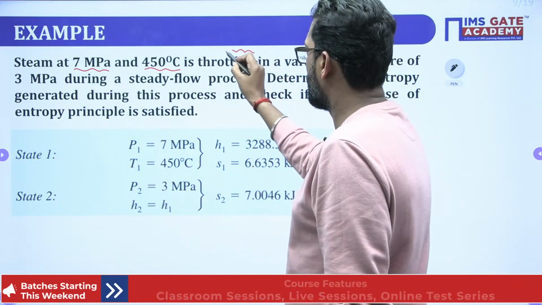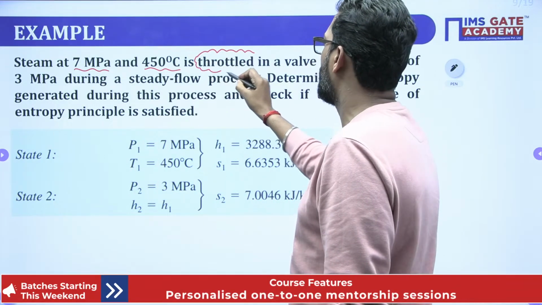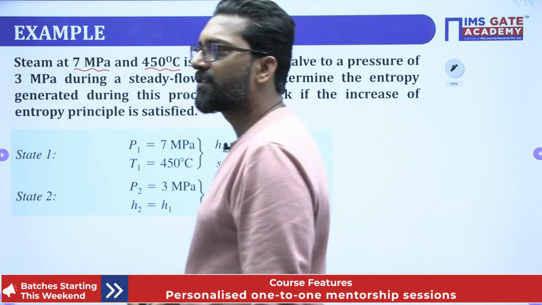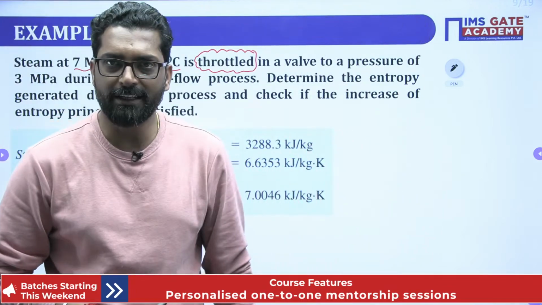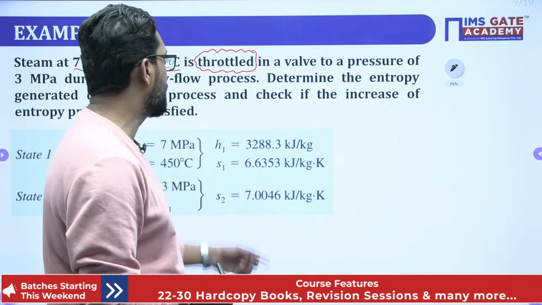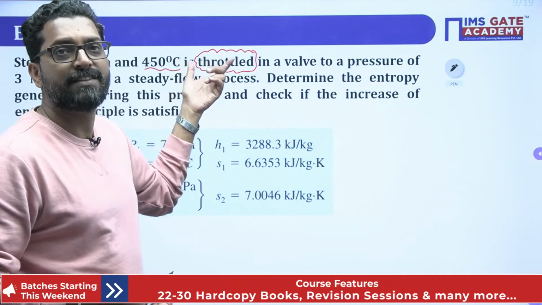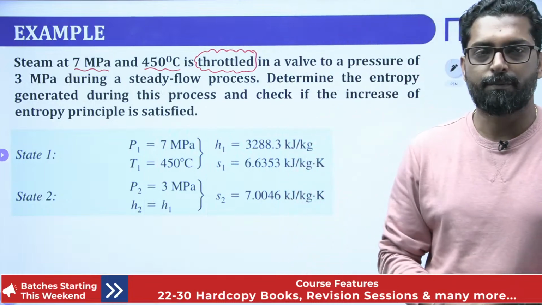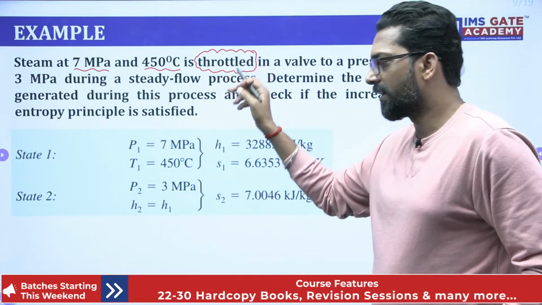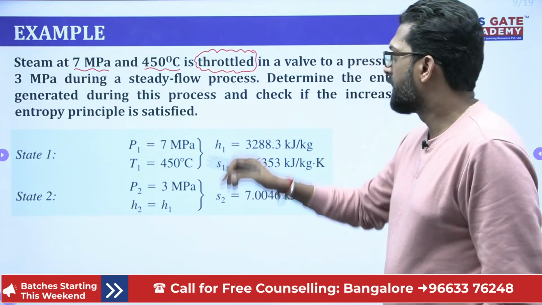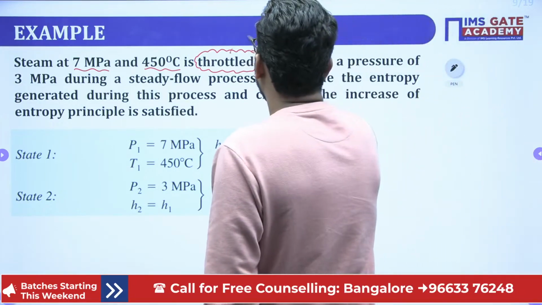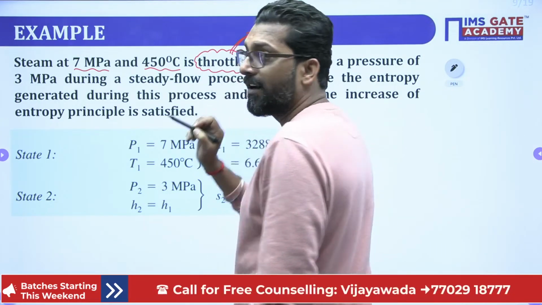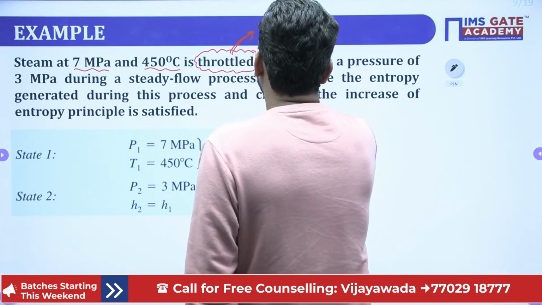There is a throttling device. What is throttling? We already covered that. Throttling means unrestrained expansion. That means there must be expansion, and expansion reduces the pressure. So in this case the pressure will reduce.